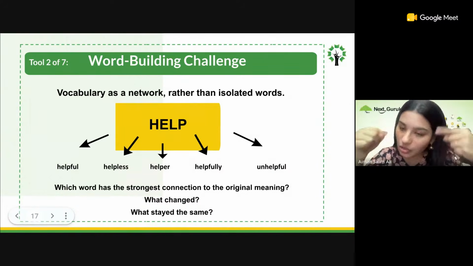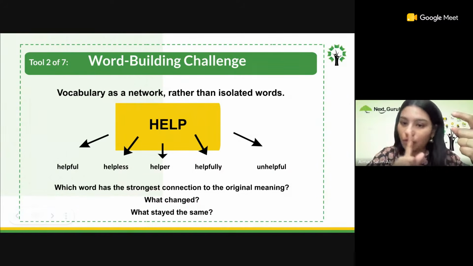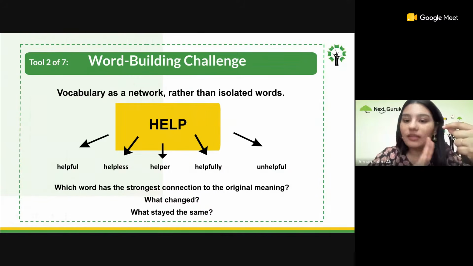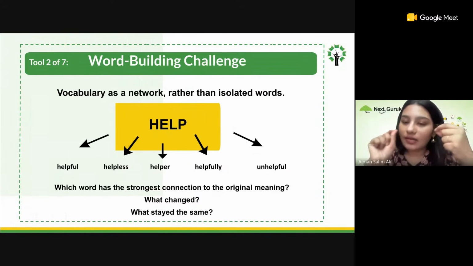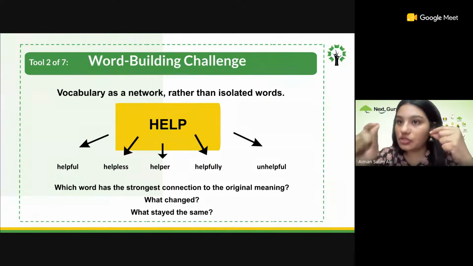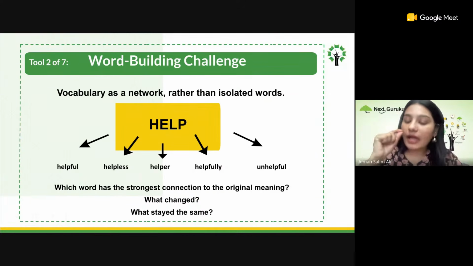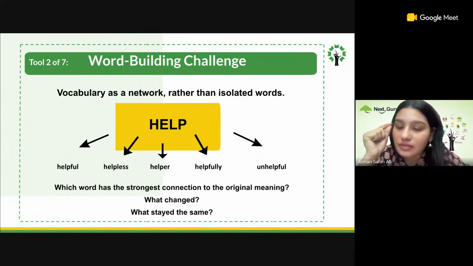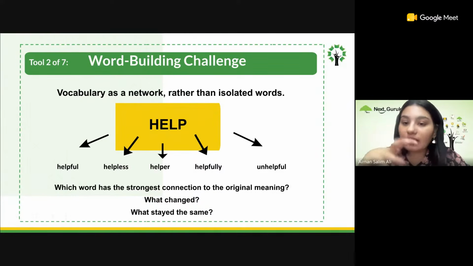Number one, I'm creating new words from the root word. The other thing that I'm doing is I'm trying to understand which word has the strongest connection to the original meaning, right? And in doing so, I'm understanding a very basic concept of creating bigger words from a root word.